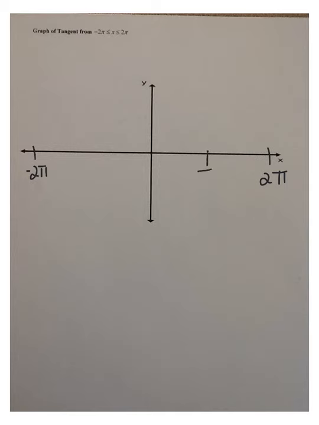Half of 2 pi would be pi, and then I would have negative pi. From 0 to pi, I have half a pi. So this would be pi over 2 and negative pi over 2. And then I have 1.5 pi's here, which would be 3 pi over 2 and negative 3 pi over 2.